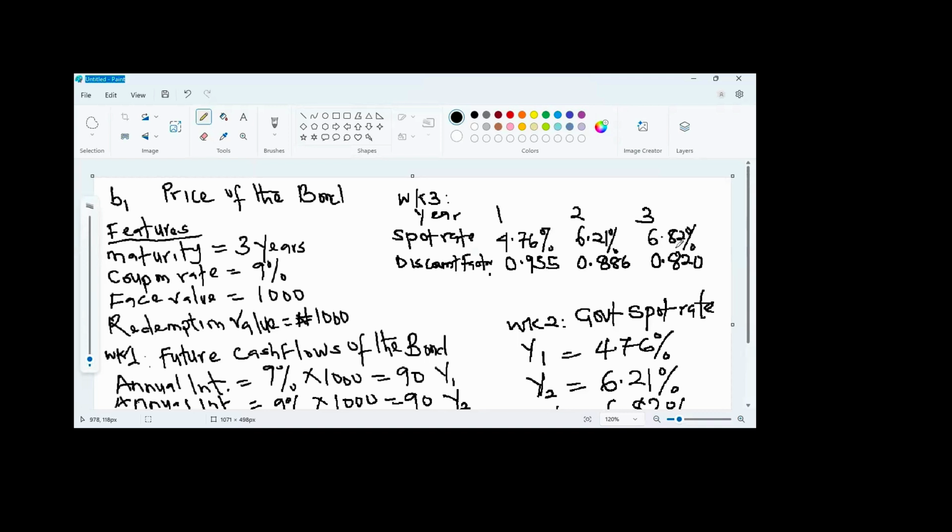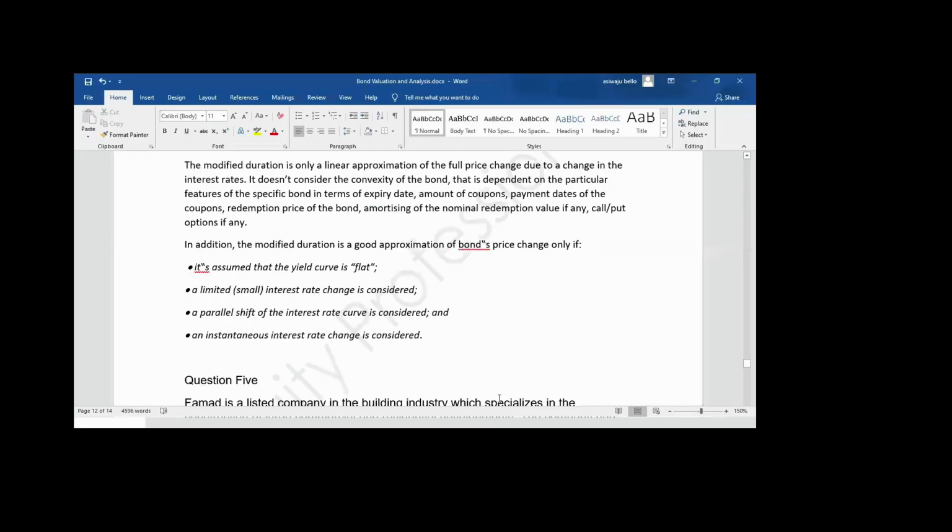That means this spot rate is not flat. It's not the same every year. The longer the maturity, the higher the rates. So the modified duration we have computed is based on the assumption that the yield curve is flat.